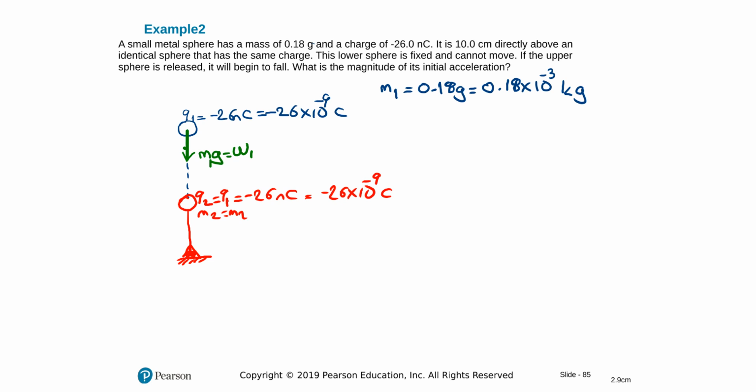Alright, so there is the force on 1 from 2 pushing up. That's the electrostatic force. So the electrostatic force is up, the gravitational force is down, and it's falling. That means the gravitational force is larger here. That's a clue. So let's call the electrostatic force Fc, for F Coulomb. We don't know that, but we can calculate it.